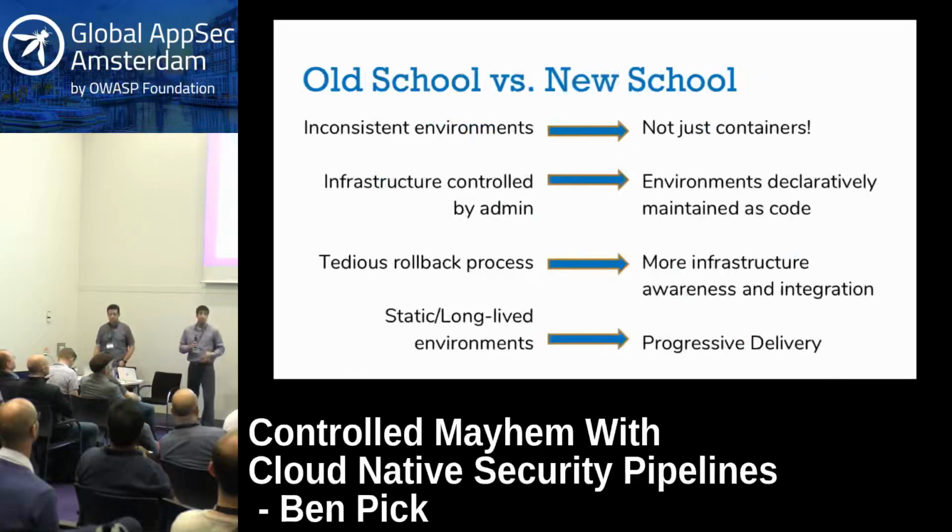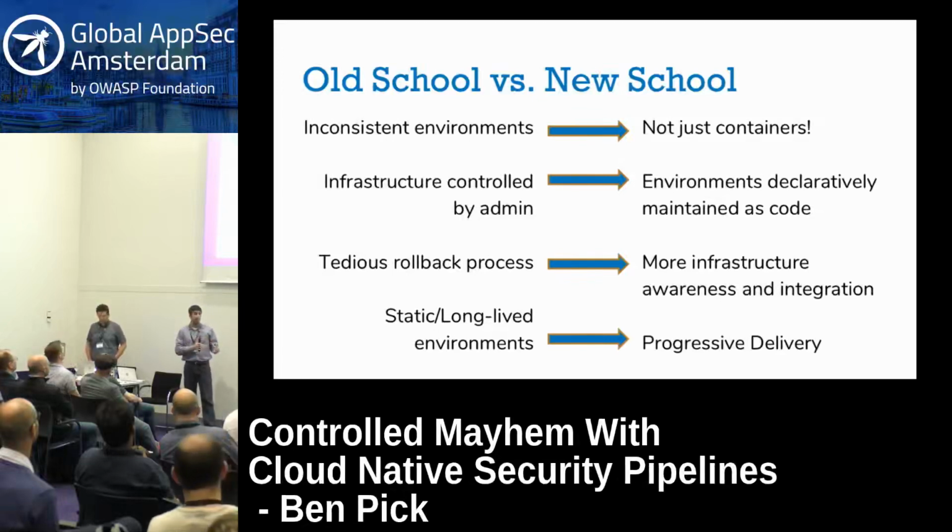Cool. Just a really quick slide to highlight some of our key summaries. You have old school on the left with your traditional pipelines, and then new school, which is your cloud native environments. Some of my experience with inconsistent environments: you will have your gold image that gets produced by your systems admin or your operations teams.